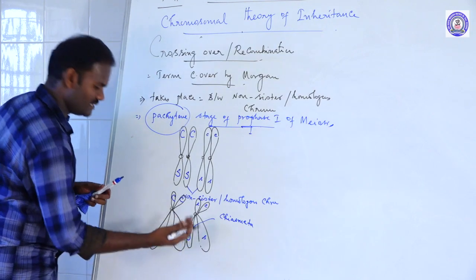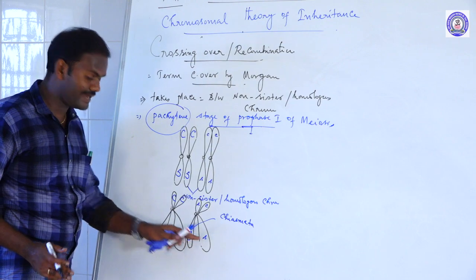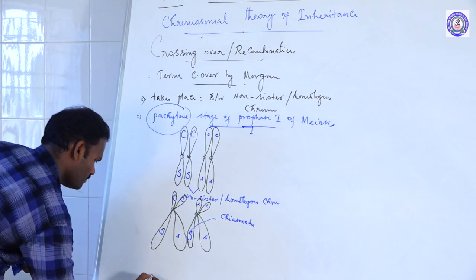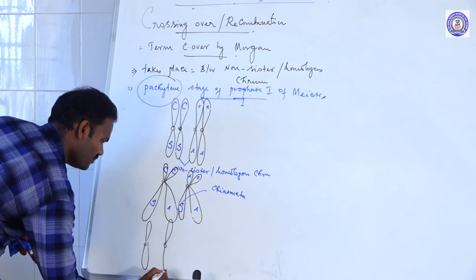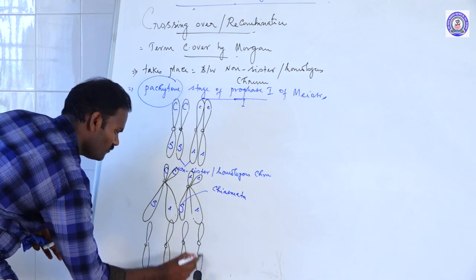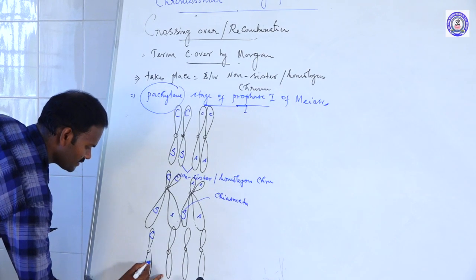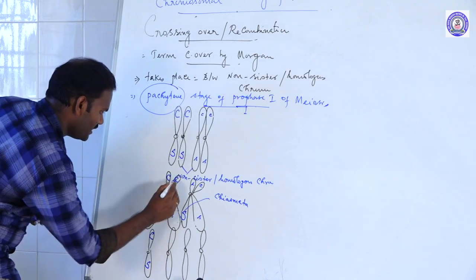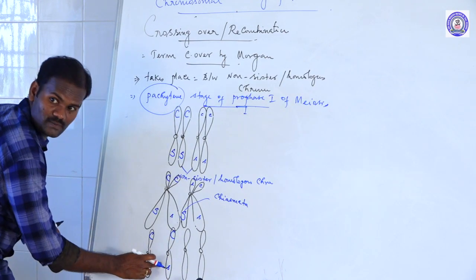After this exchange, they get separated. As a result, 4 chromatids are formed. These are the first gamete, second gamete, third gamete, then fourth gamete. In the first gamete, capital C, capital S, no crossing over. Second, capital C with small s, crossing over takes place.